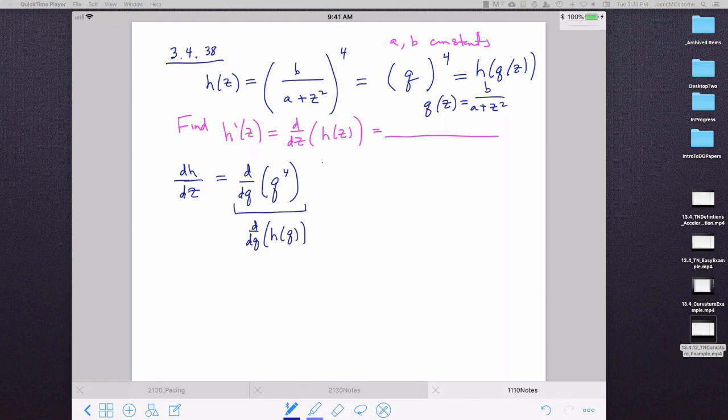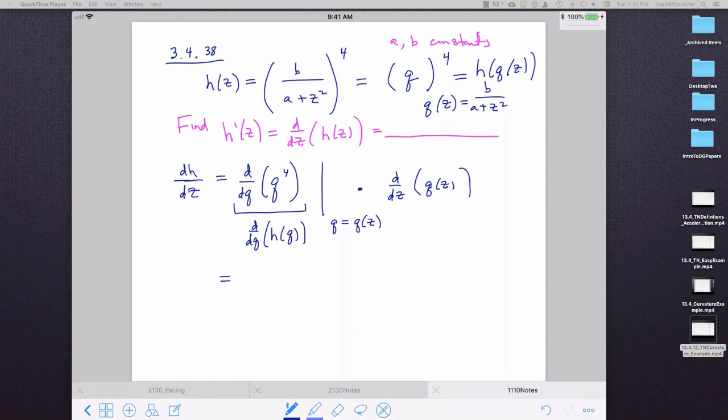Okay, then you're going to evaluate wherever you see the q, you're going to put in q as a function of z. Okay? And then you're going to multiply by the derivative with respect to z of q of z. That's the chain rule. Okay?